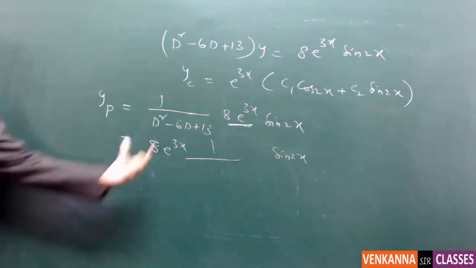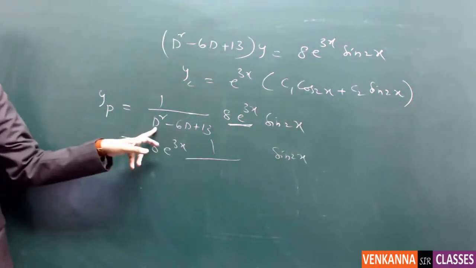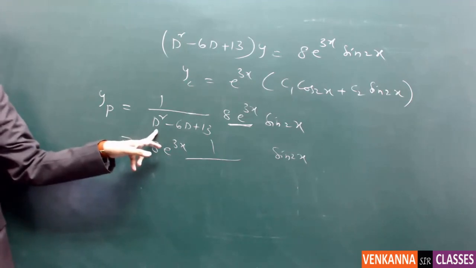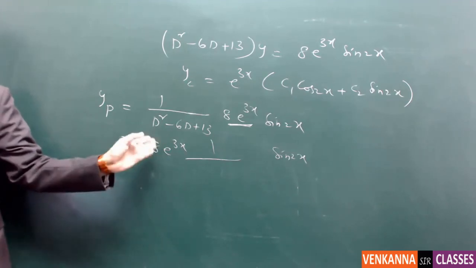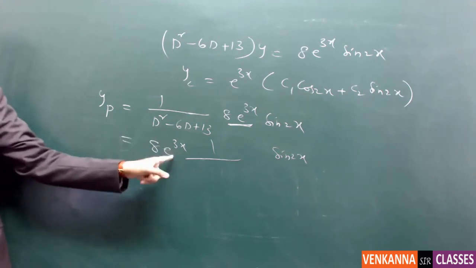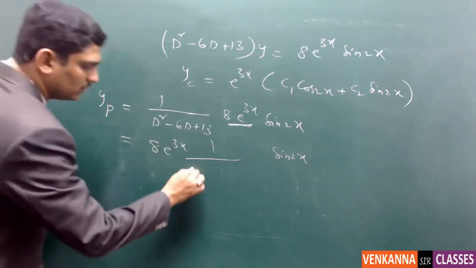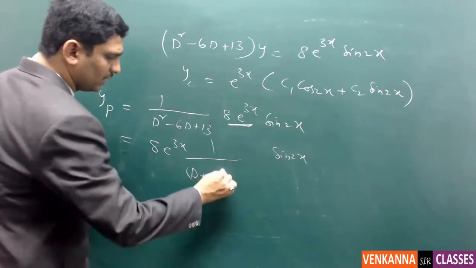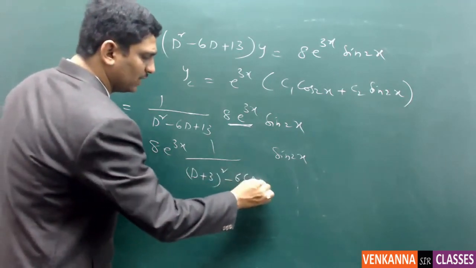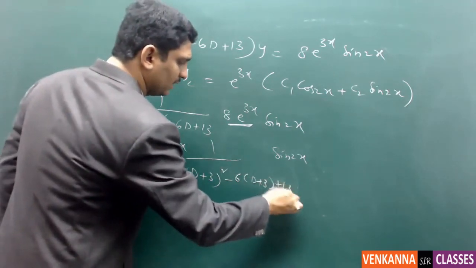In the denominator, the differential d is replaced with d plus the power. So d plus 3 whole square minus 6 into d plus 3 plus 13.